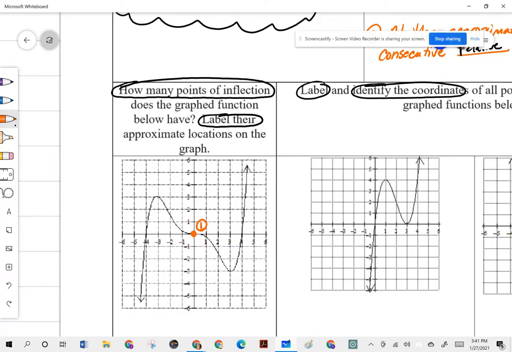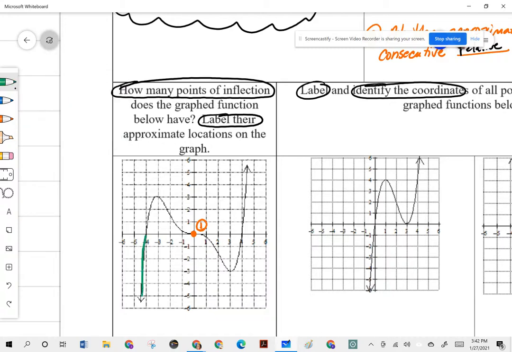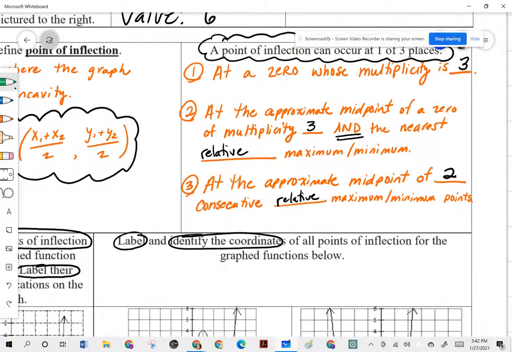And then on this particular spot, let me color code this graph for us here. If you can see, there is a point between the multiplicity of 3.